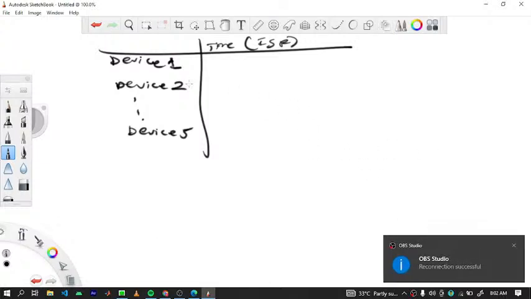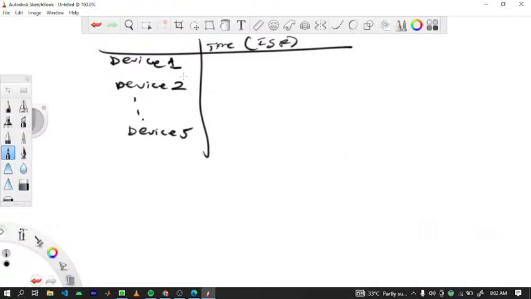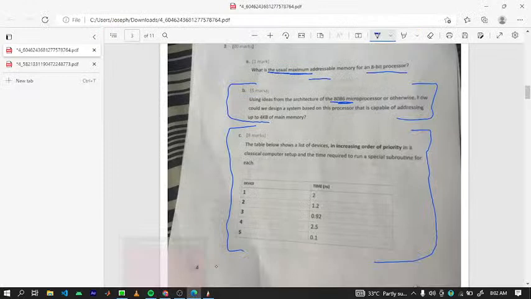Okay, let's go. If device one interrupts the microprocessor, according to this table, it will take 2 seconds to solve this problem.